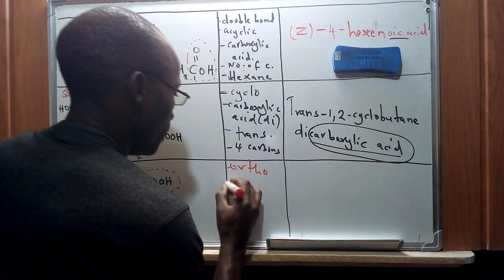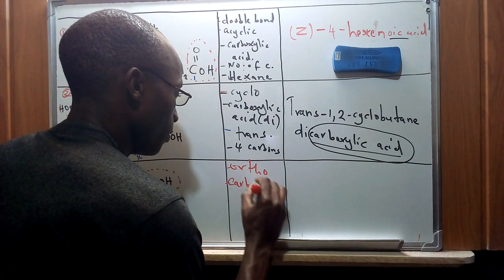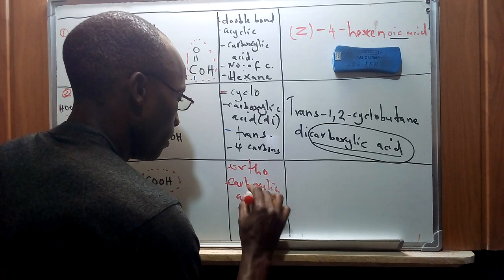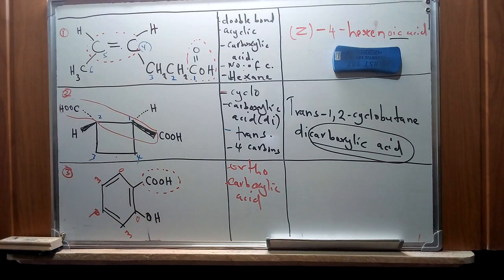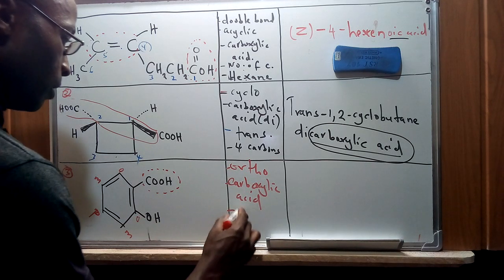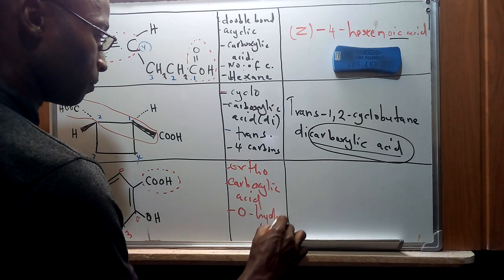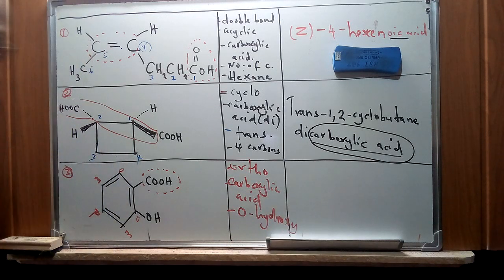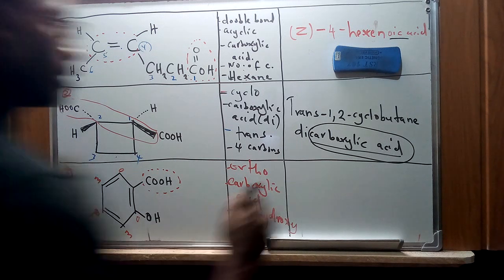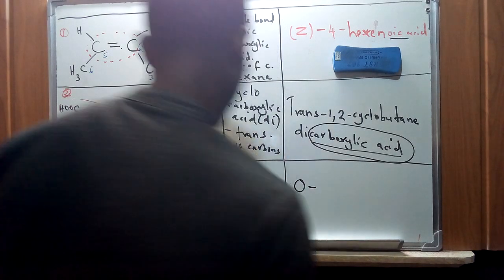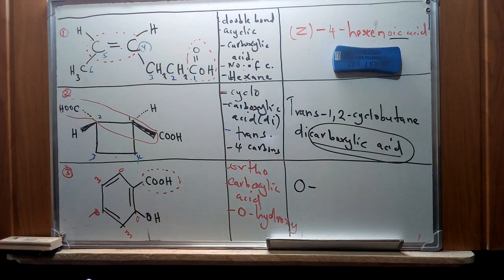Number 2, we have identified that it's a carboxylic acid functional group. And number 3, there is a substituent attached at the ortho position, so there's an ortho hydroxy group. So we go ahead and name our compound. For the nomenclature, there's a rule that the position of the substituent is indicated as such.